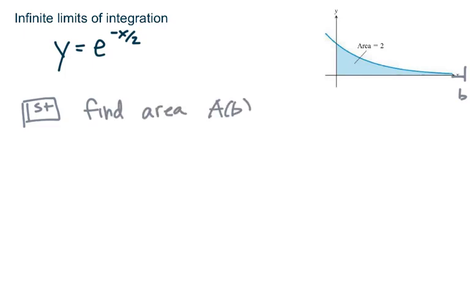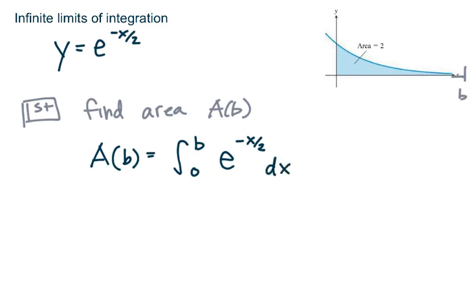So this is a portion bounded on the right by b. In this case, A(b) is going to equal the integral from 0 to b of e to the negative x over 2 dx.